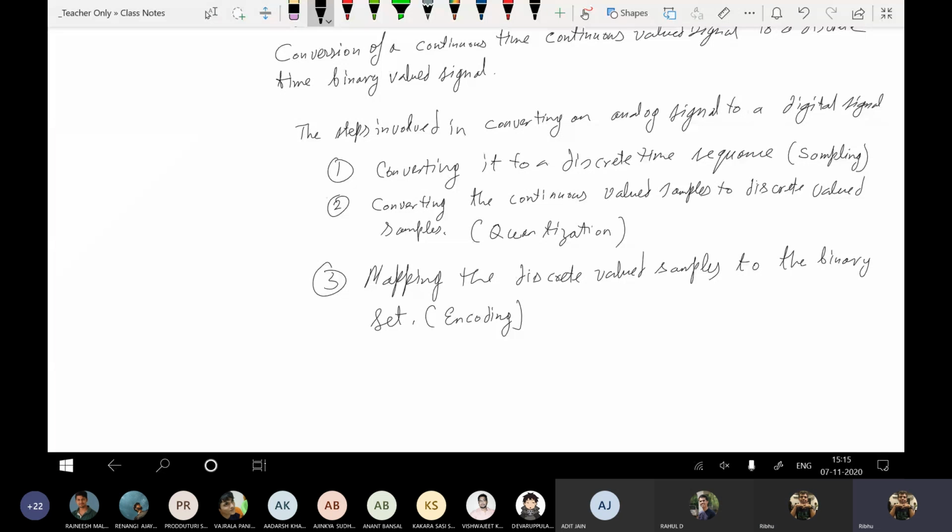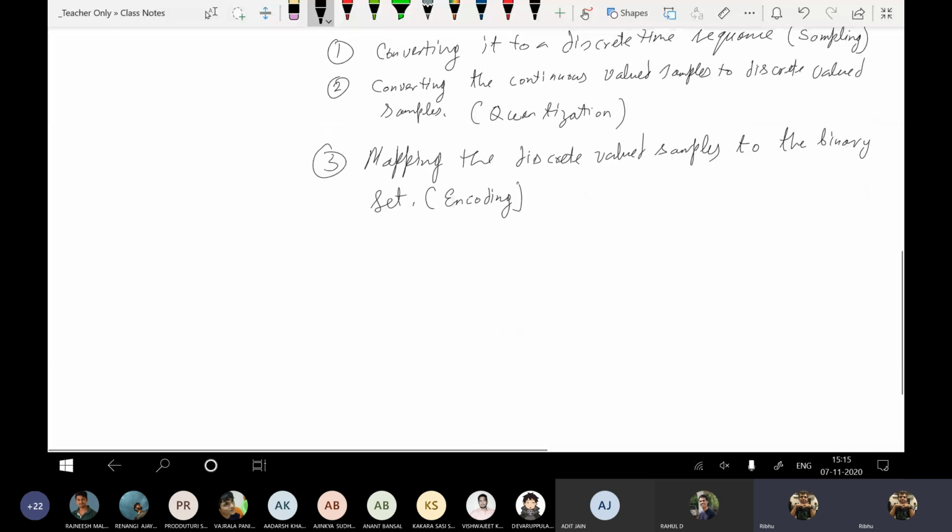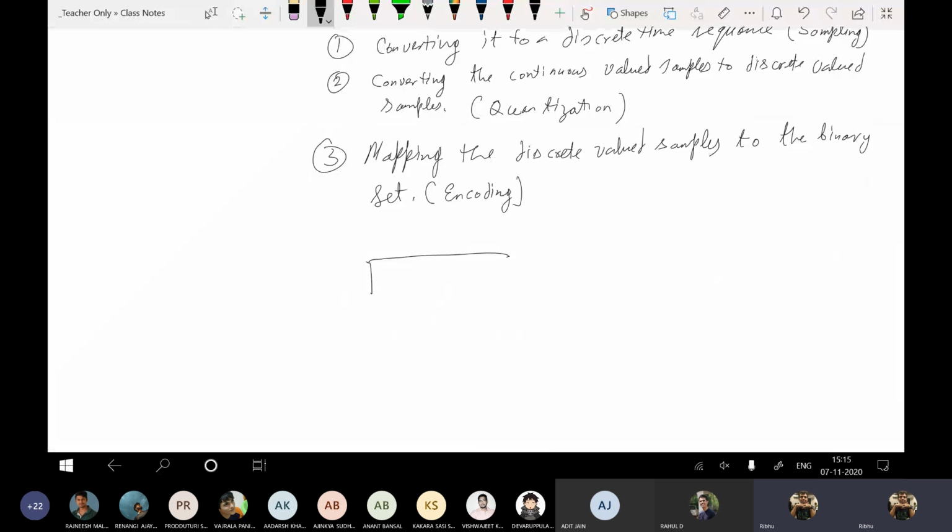Fine. So we'll just write these down as a block diagram. I send in x(t), sampling, I get x[n], quantization, I get x hat[n].